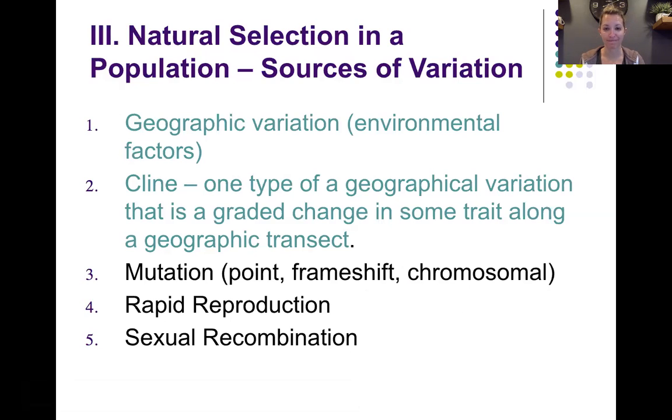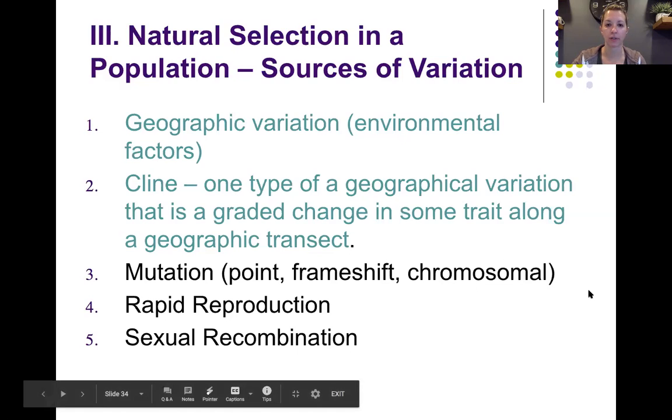Prokaryotes and viruses, again, very fitting for what's going on right now. And then sexual recombination. So again, we've talked about the fact that when sperm meets egg, there is no rhyme or reason to which sperm meets the egg. So you're going to have that variation that occurs there.